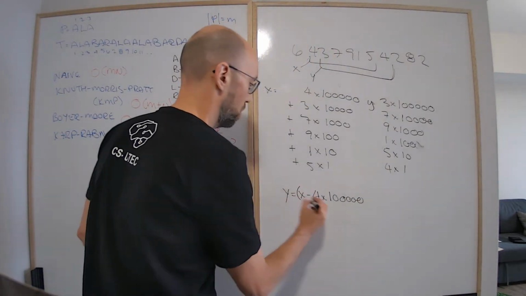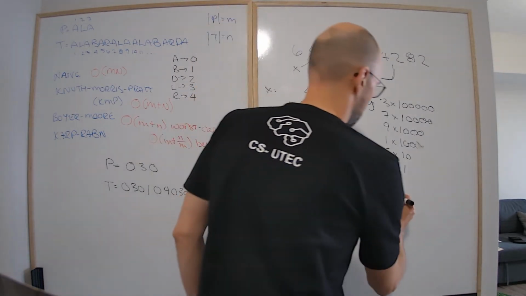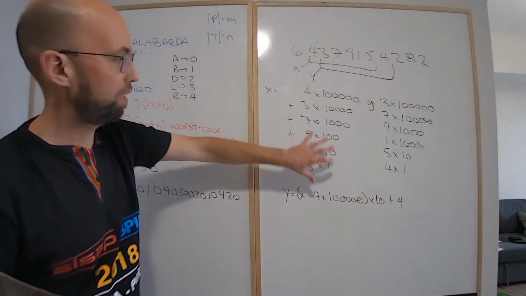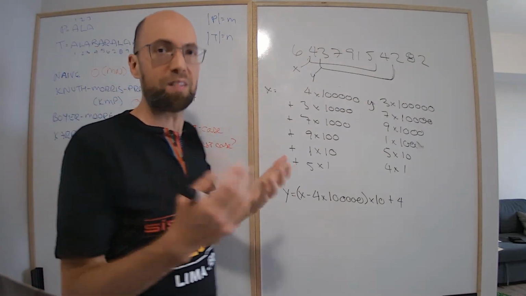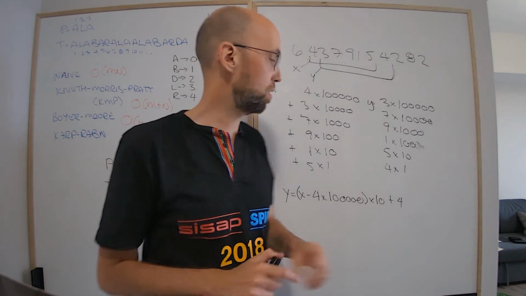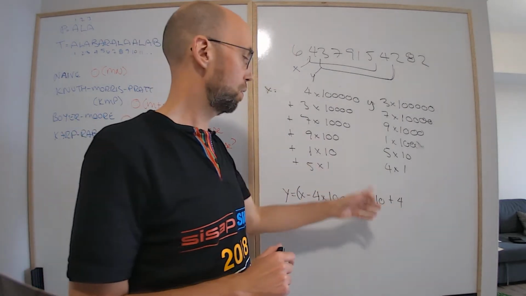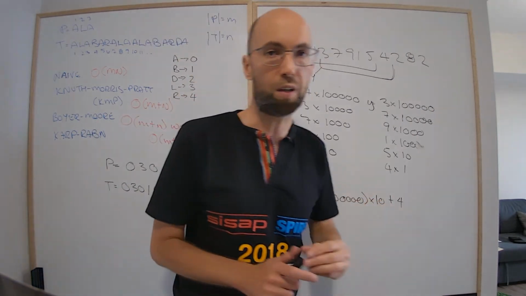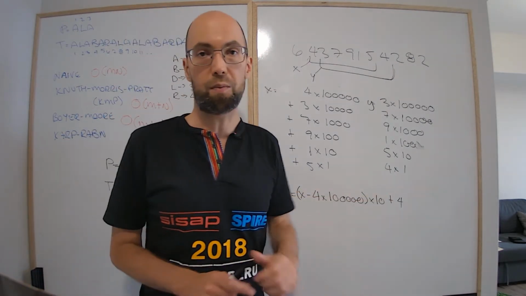And then all times 10, and then plus 4. Okay, so everything gets increased by 10. It sort of gets shifted left 1 in our decimal representation, and then we add the ones. So we knock off the thing on the left, we shift, we increase the magnitudes, and then we add the ones. Okay, so this is a constant number of arithmetic operations.